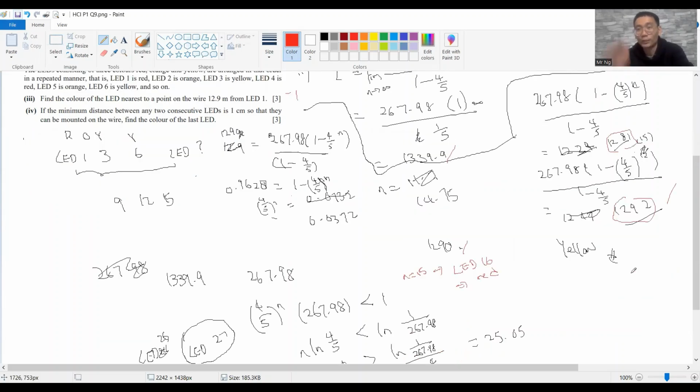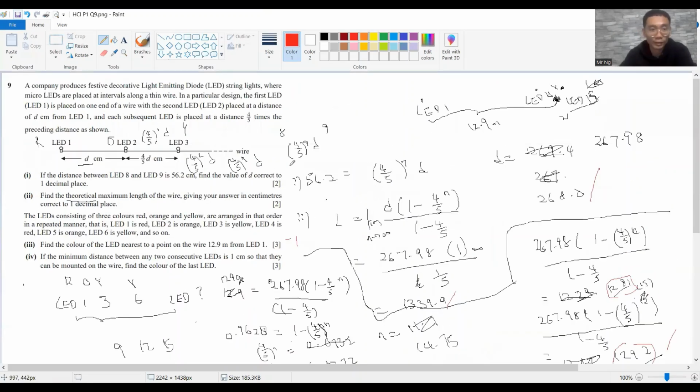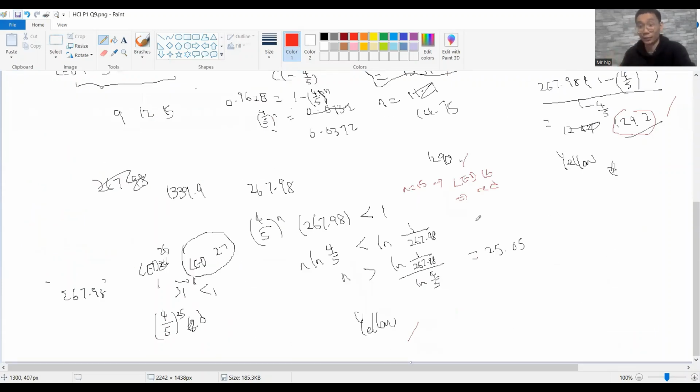But I also mentioned to you about this concept. If you see now my n is 15. If here is 1, this one is your n, so if this one is 1, this one is 2. So if this one is 15, the LED beside it is LED 16. Because it's LED 16, it is red, not yellow. I didn't think that far.